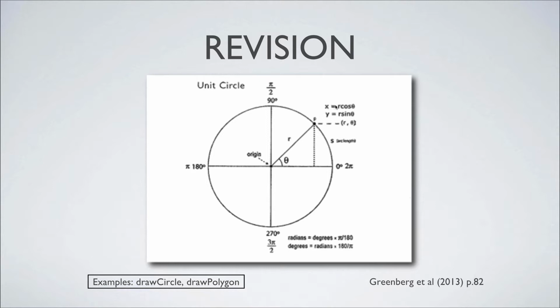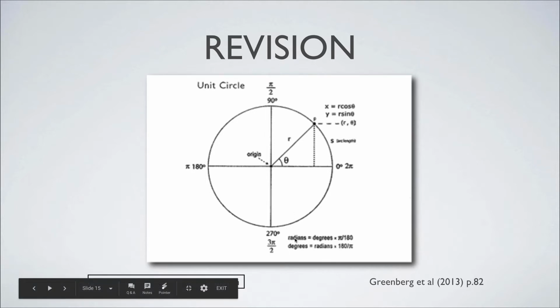Well, x equals the radius times the cosine of the angle. So that x value here, that width there, is the radius times the cosine of the angle. And the y value is the same, except it's the radius times the sine of the angle.